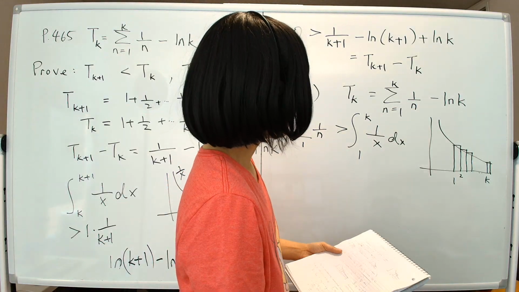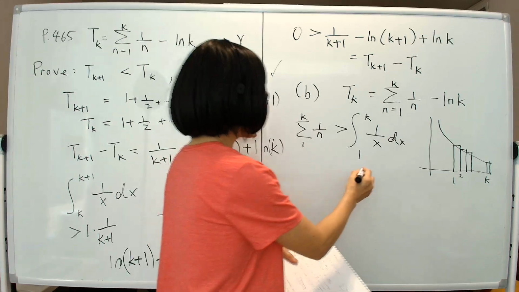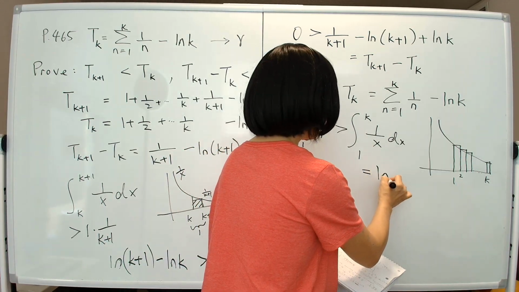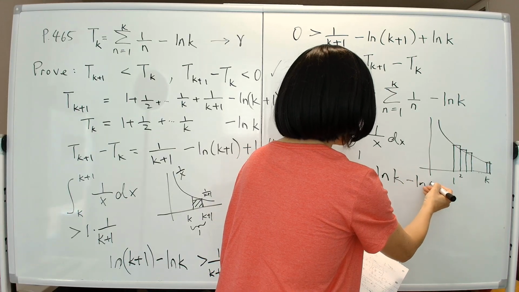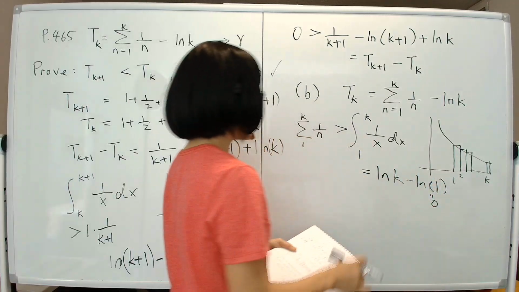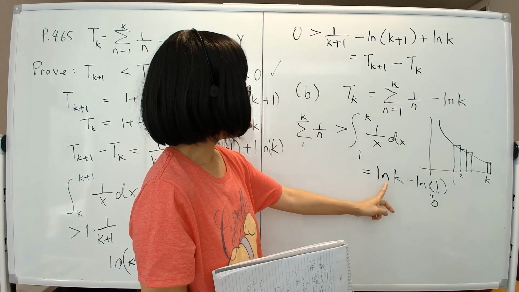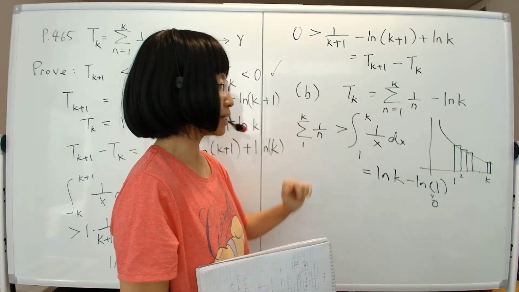All right, so therefore this is strictly bigger. And if that's the case, what is this thing? This thing is, of course, natural log of k minus natural log of 1 when you do the integration. And natural log of 1 is just 0, so it equals the natural log of k. And therefore this sum is bigger than natural log of k, and therefore TK is bigger than 0.